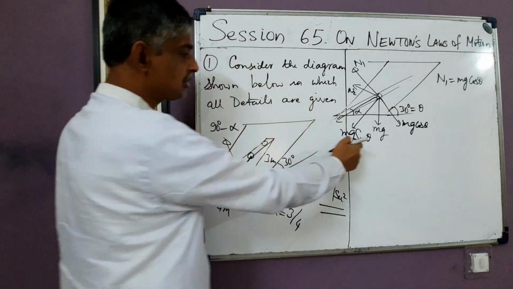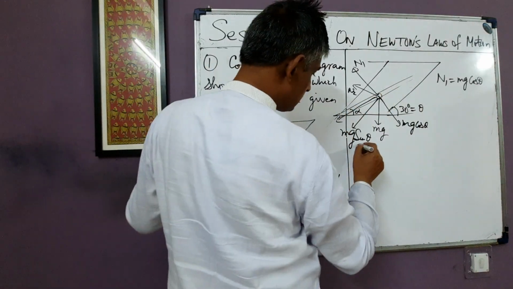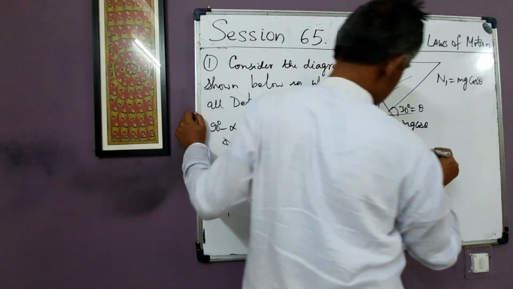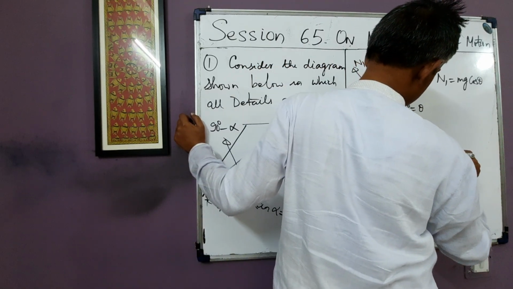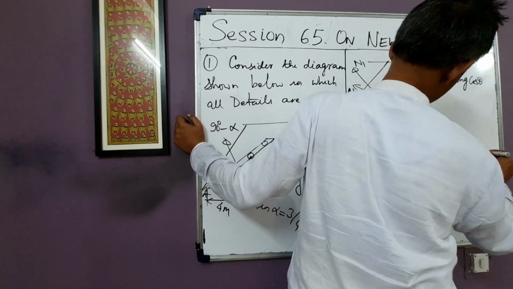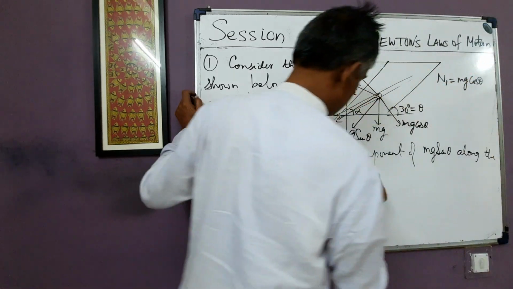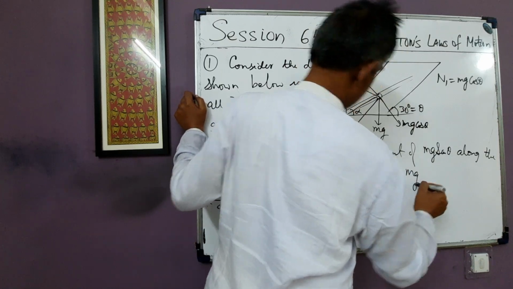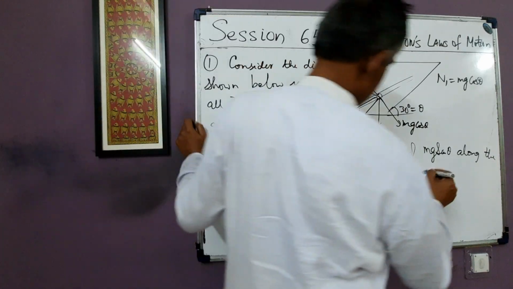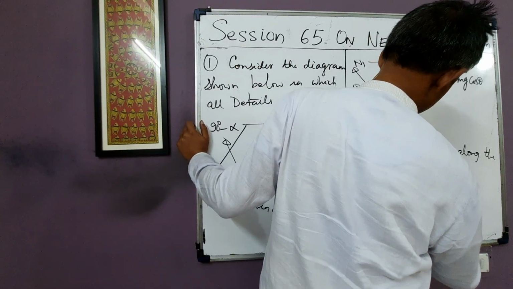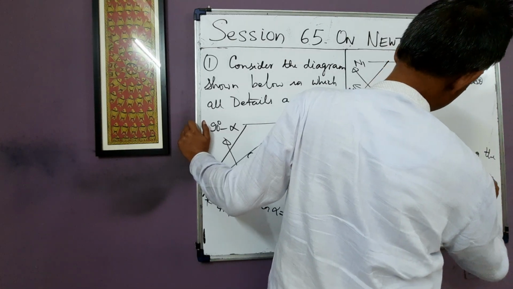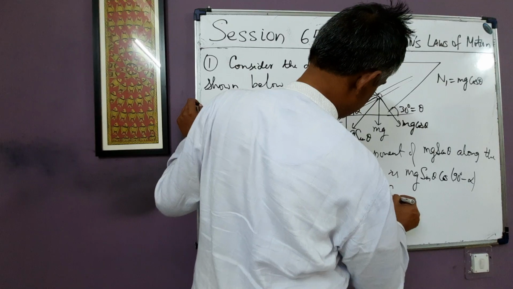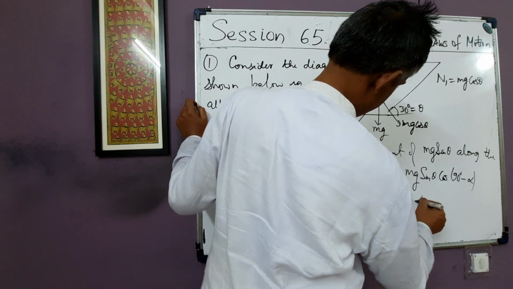So the component of mg sin theta along the groove is mg sin theta cos of 90 minus alpha, which is simply mg sin theta sin alpha.